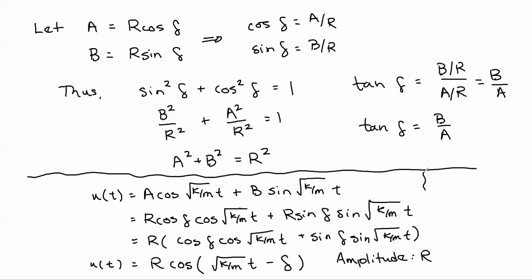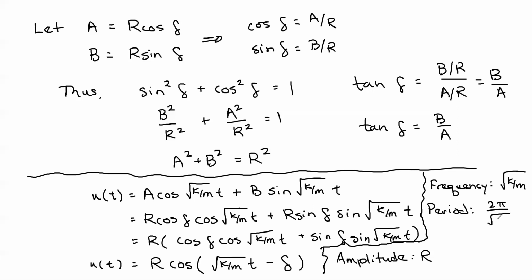Also, let's go through and do this. What else can we learn here? So the frequency of the wave is going to be the coefficient here on the t. So we get square root k over m. Then the period of the wave is going to be 2 pi divided by the frequency.